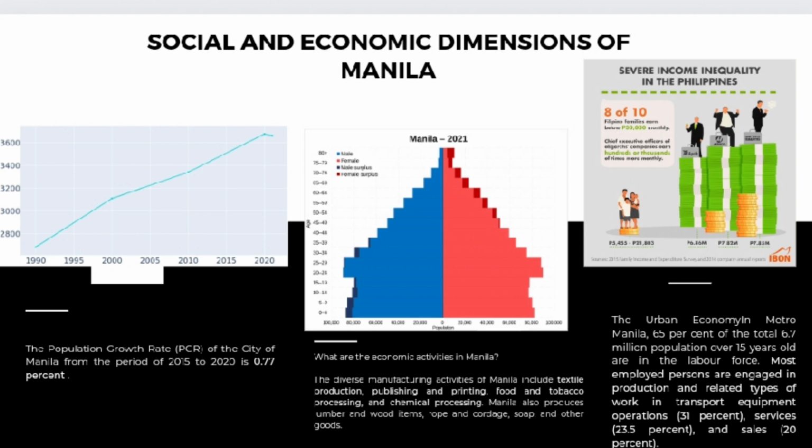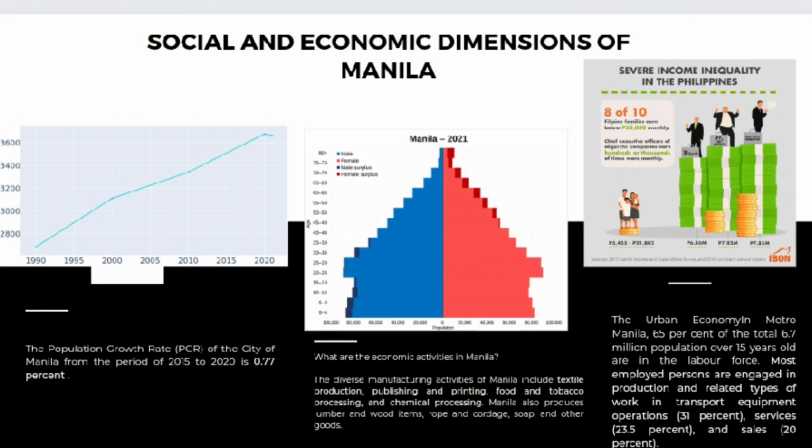In Manila, most employed persons are engaged in production and related types of work in transport equipment, operation, services, and sales. That's why, in conclusion, Manila is very crowded because many people from the countryside move there.